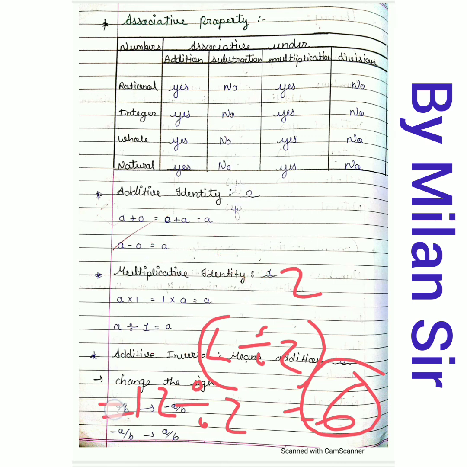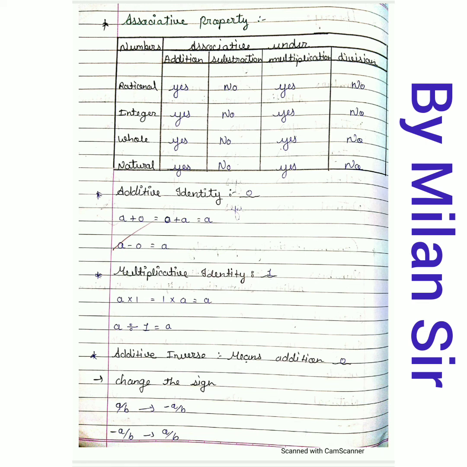Now to summarize the commutative and associative properties. Addition is commutative and associative for all these 4 types of numbers, right? Same thing for multiplication.